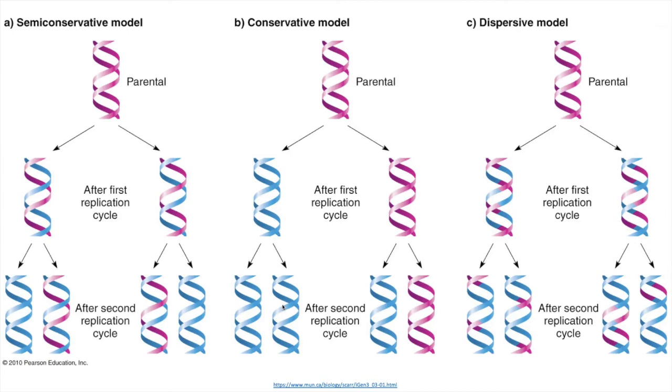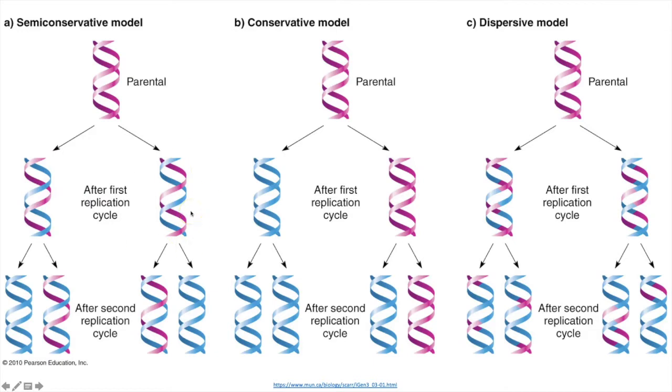So before we could actually look at DNA inside of a cell, there was a debate. Nobody really knew exactly how DNA was replicated. And so they did an experiment. They took the original piece of DNA and they coded it in radioactivity so we could track it. And then they allowed the cells to undergo replication. And basically what happened was they would find half the radioactive DNA in one of the daughter cells and half in the other.